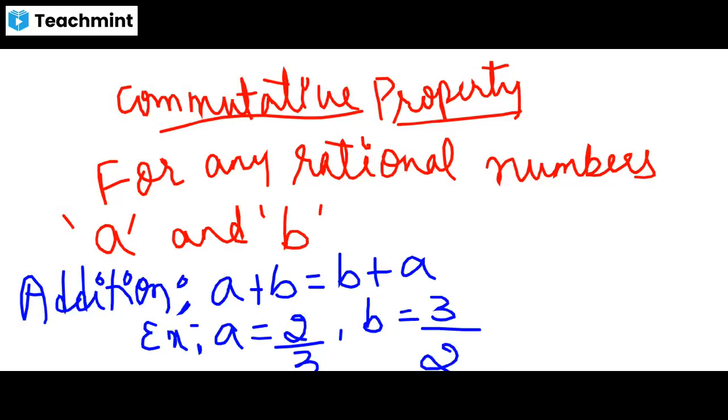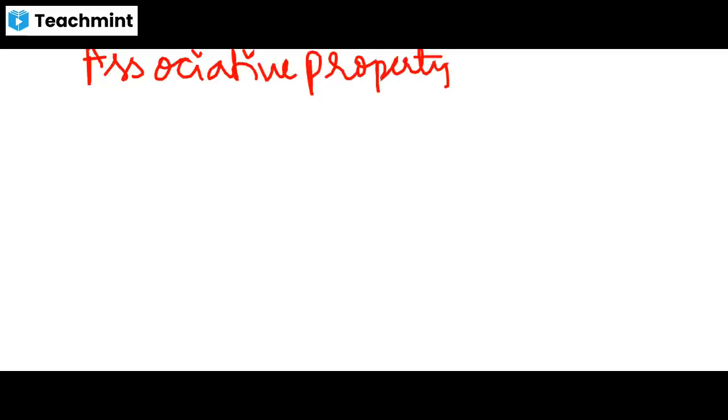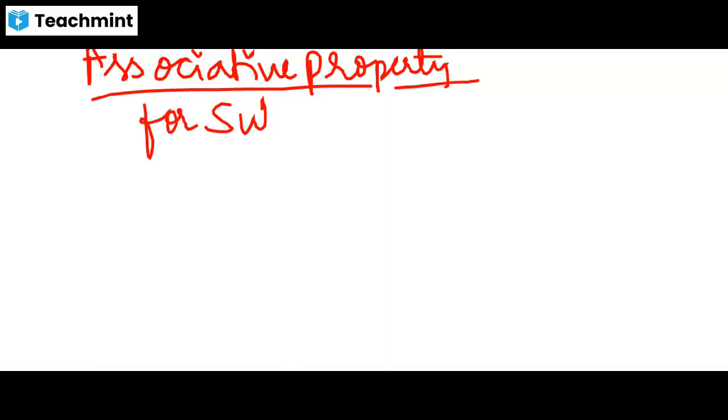Next, we'll see associative property for subtraction of rational numbers. So here for subtraction, you should check whether a minus b minus c is equal to a minus b minus of c.